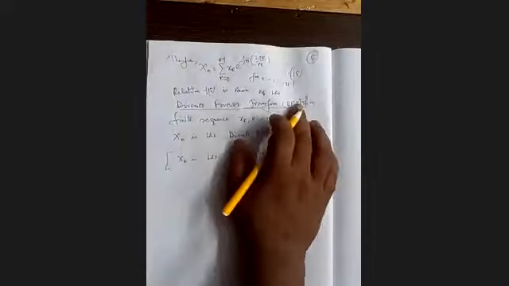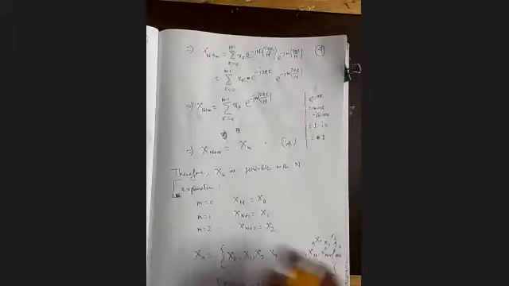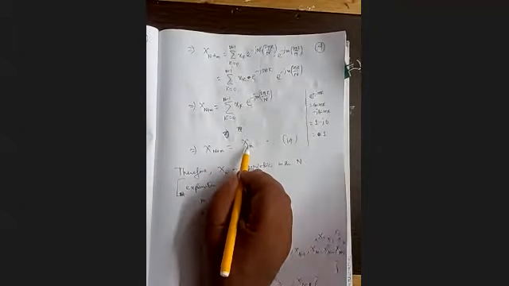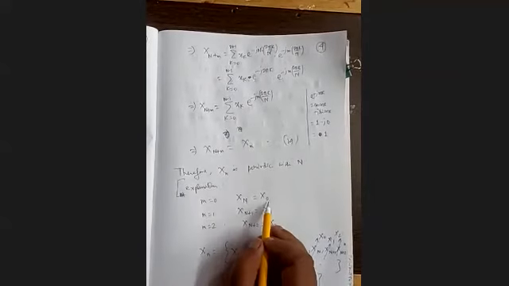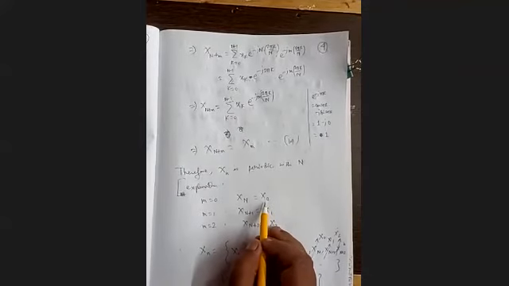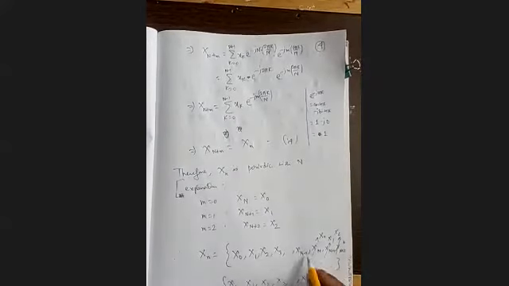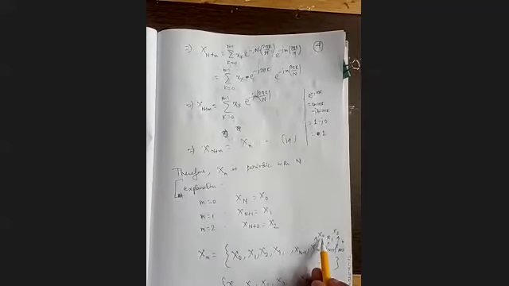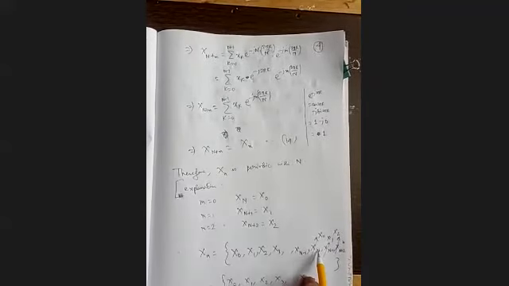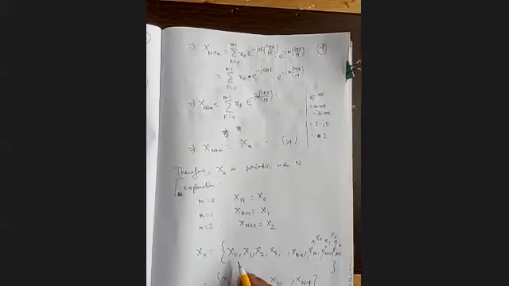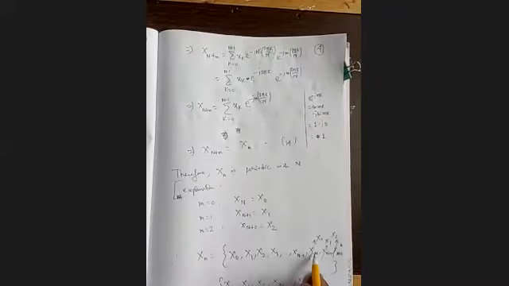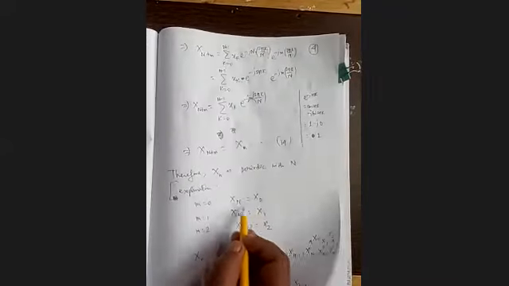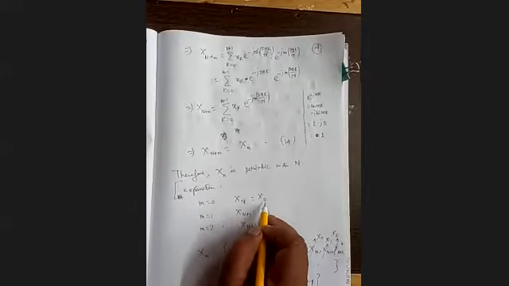Now note our relation 14. What is relation 14? X_{N+m} equal to X_m. So put m equal to 0, it will be X_N equal to X_0. So our capital X_n repeats. It is a repetitive version of X_0. So X_n repeats at the Nth harmonic, because X_N is equal to X_0.